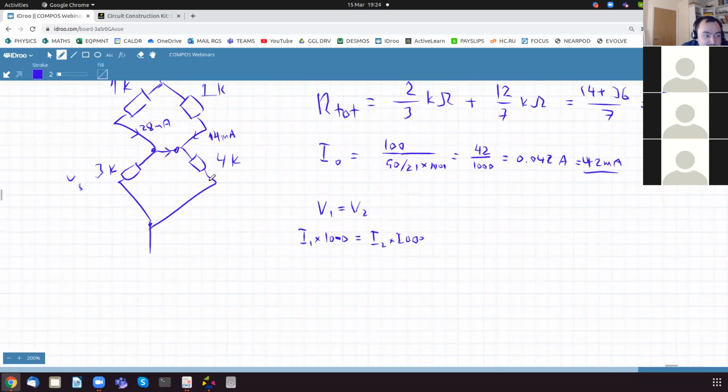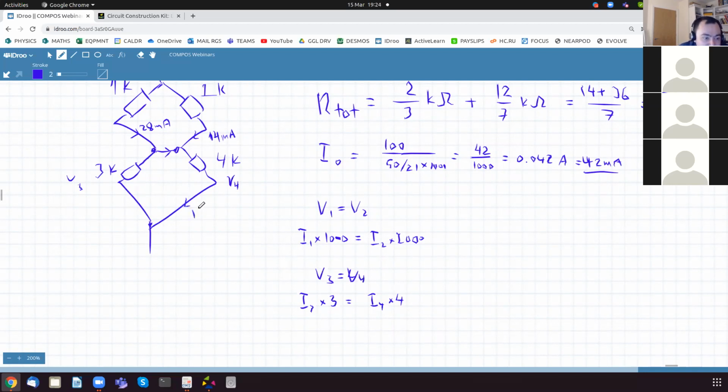So V3 and V4. So V3 is equal to V4. That means that I3 times 3 is equal to I4 times 4. So 42 milliamps we need to split in proportion of 3 to 4. So that's going to be 18 milliamps.